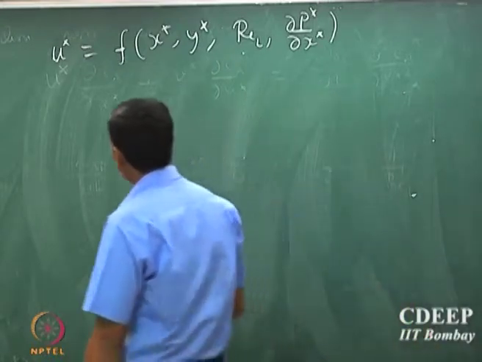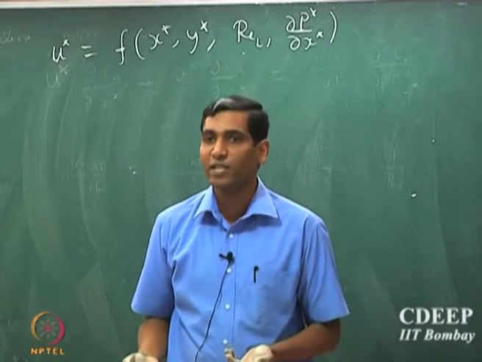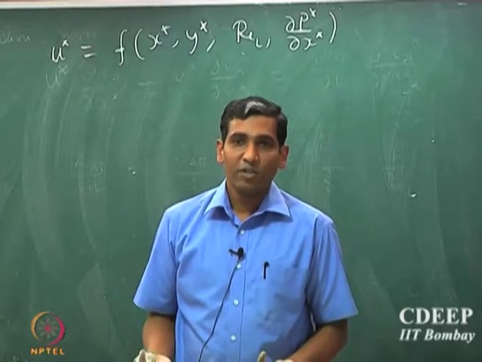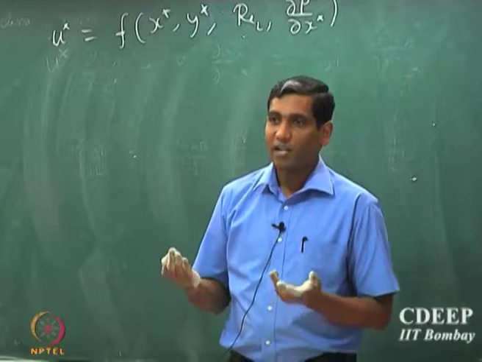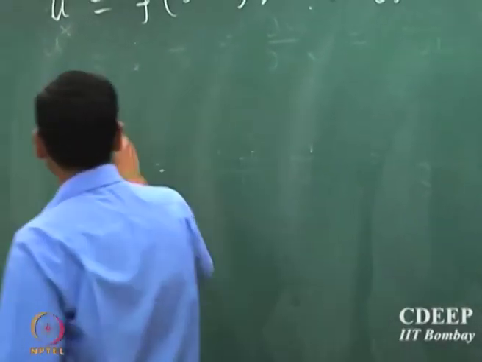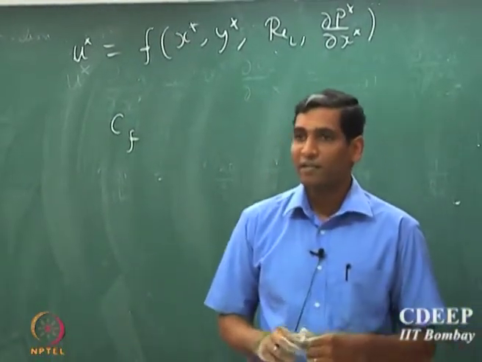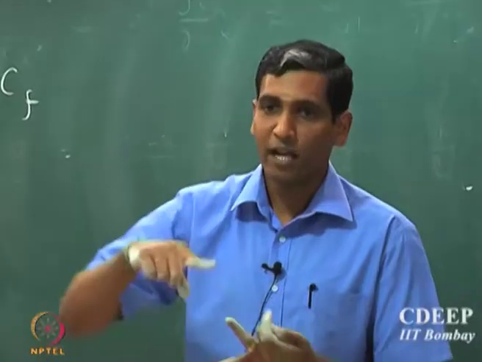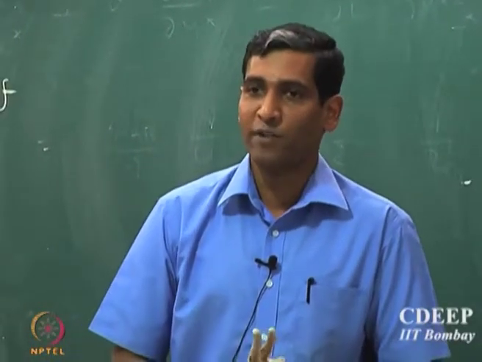Okay. Now what do we want to find? The purpose of writing these balances is to quantify these processes, right? If I want to quantify the process, the momentum transport is quantified by the friction coefficient Cf. Remember that we defined three quantities. One is the friction coefficient, the other one is the heat transport coefficient, and the third one is the mass transport coefficient.